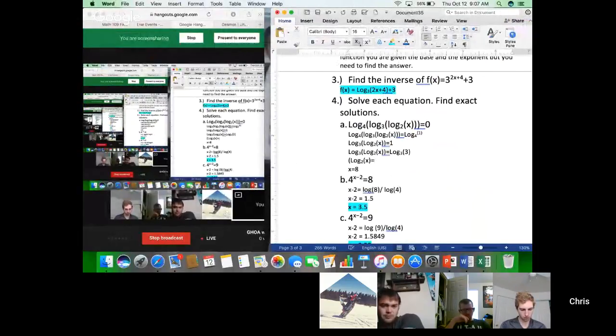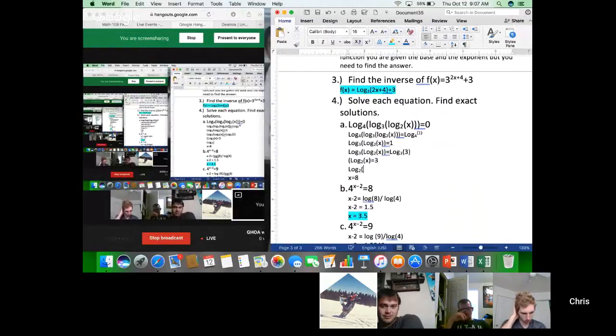And then it's log 2x equals log 2, 8. And then it says when the logs have the same base, then you can just cancel out the logs, and so x equals 8. Makes sense. Okay, that makes sense.